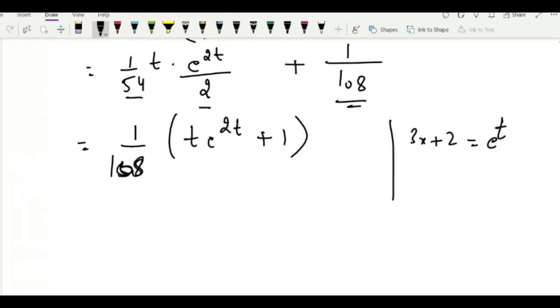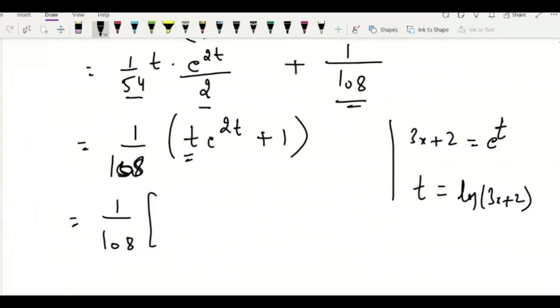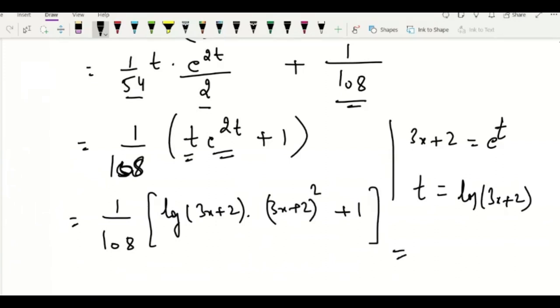So by this, t will be equal to ln of 3x plus 2. So substituting back, t is equal to log of 3x plus 2, and e raised to power 2t will be written as (3x plus 2) whole square plus 1. So this is our PI, and earlier we have the CF. For finding the complete solution, we just write CF plus PI.